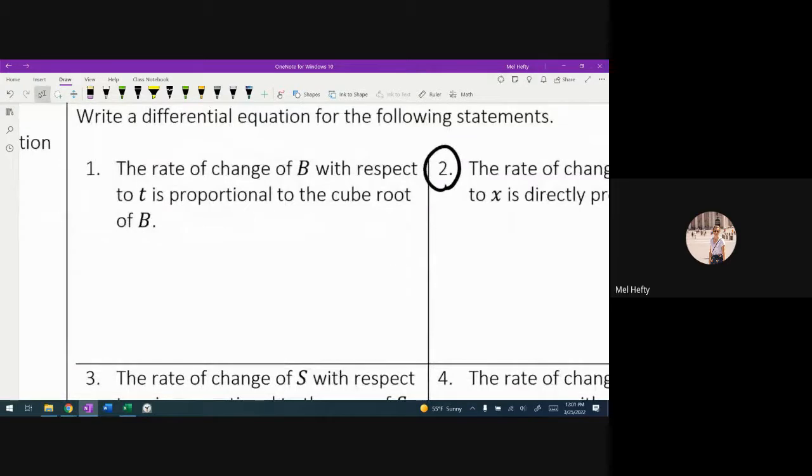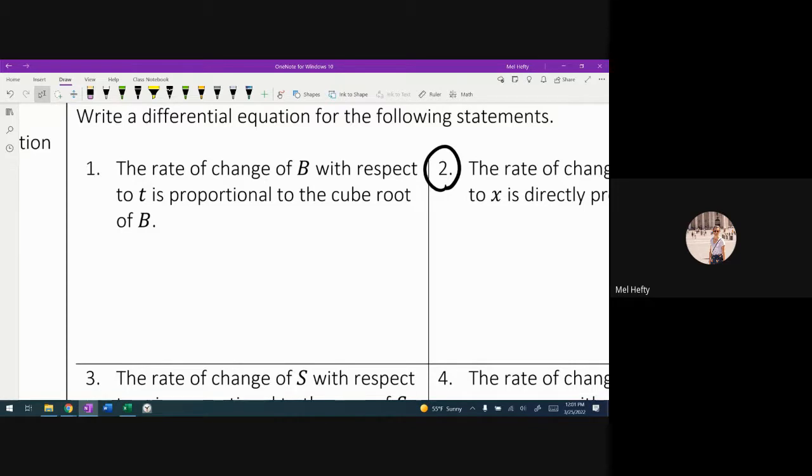All right. So we're going to try to write this in math speak. It says the rate of change of b with respect to t. What have we been calling rates of change this year? What calculus thing? You only have 2 options. Is a rate of change a derivative or an integral? Anyone listening?